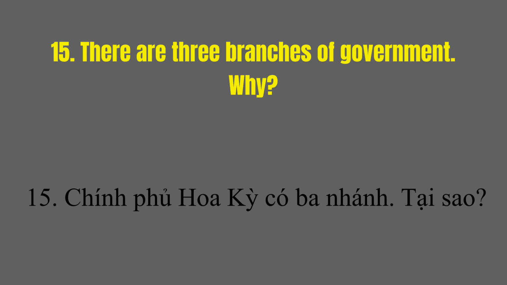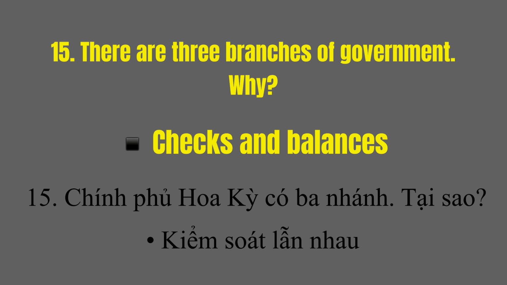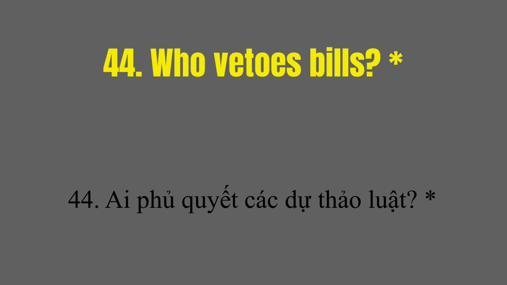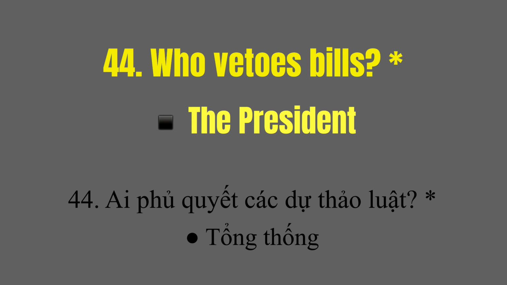There are 3 branches of government. Why? Checks and balances. Who vetoes bills? The President.